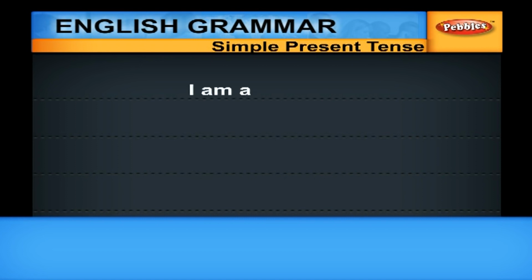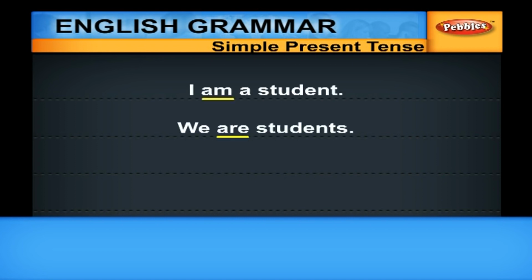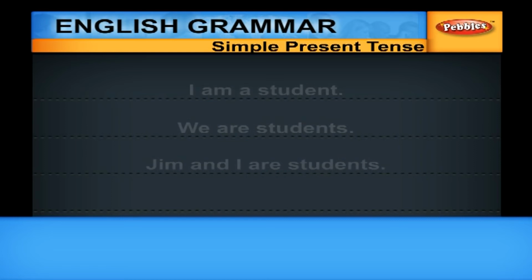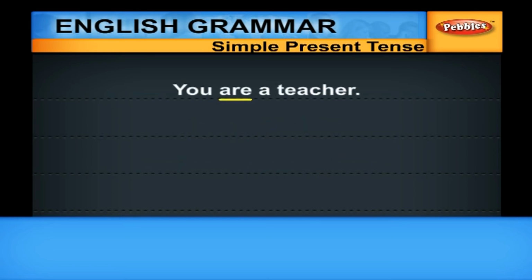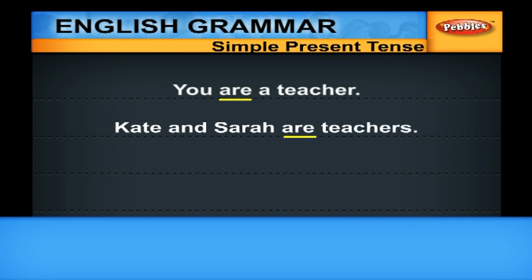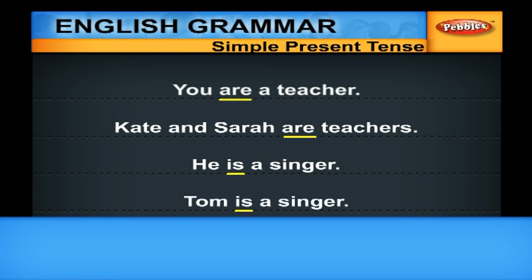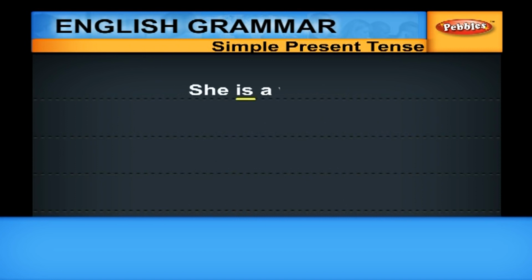I am a student. We are students. Or Jim and I are students. You are a teacher. Or Kate and Sarah are teachers. He is a singer. Or Tom is a singer. She is a writer.